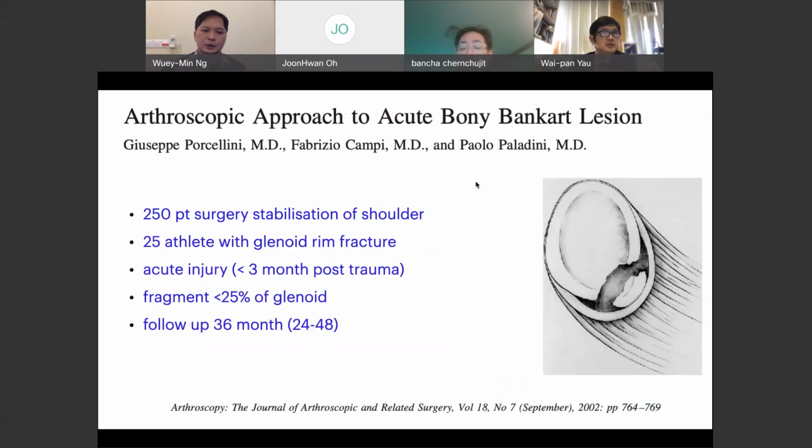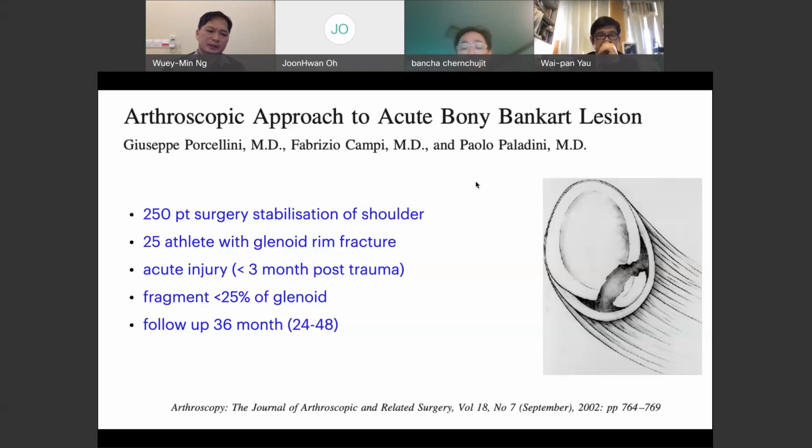So they used a suture anchor. Porcellini in 2002 studied 250 cases of shoulder stabilization surgery, of which 25 were athletes with a glenoid rim fracture. Most of them were acute injuries, less than 3 months after the injury. They followed up for 36 months.